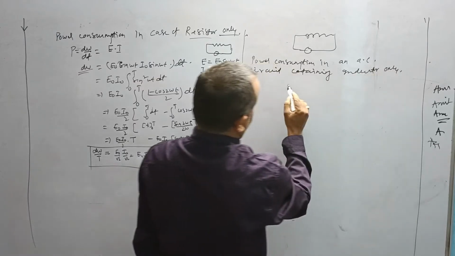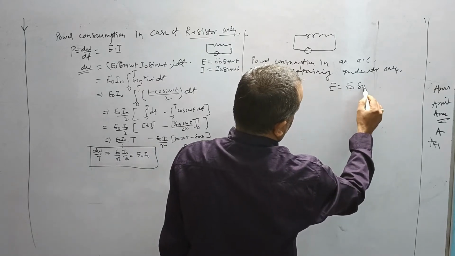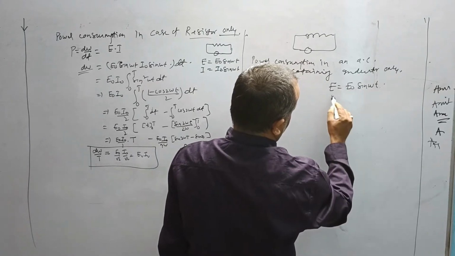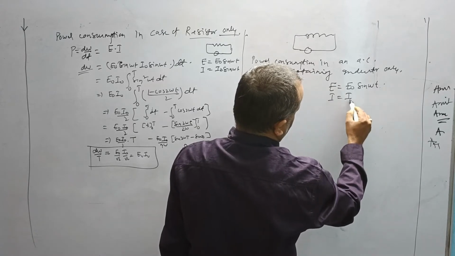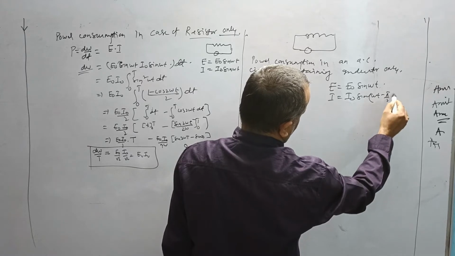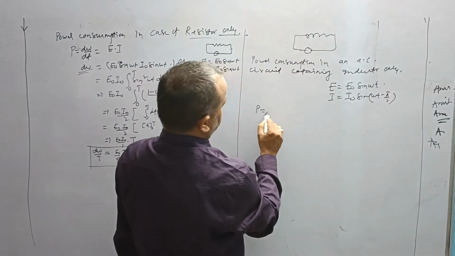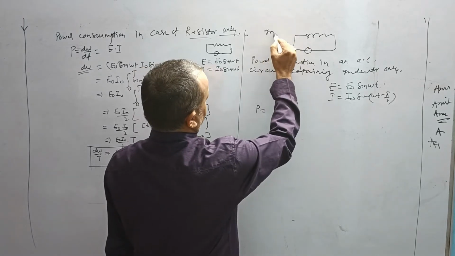Let us suppose we have an inductor. In the case of inductor, we had derived the relation: E naught sin omega t, and current lagged behind EMF by pi by 2. So suppose we go for power consumption in the case of inductor only.